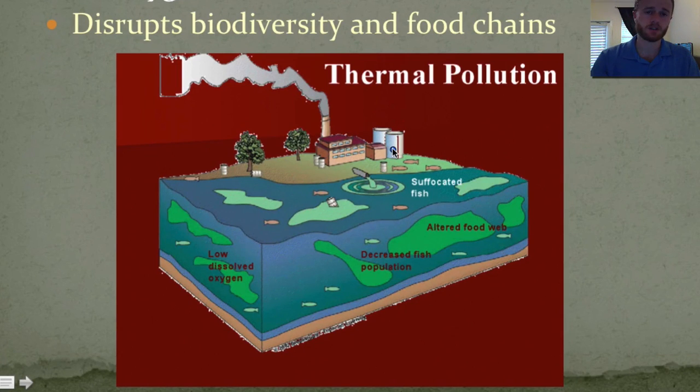How do we generate electricity? Yeah, we use different types of heat transfer. And eventually, some of that water that is heated up is discharged back into waterways. So with that warmer water, it could alter food webs, it can decrease fish populations, and oxygen doesn't dissolve well in water if it's warmer.